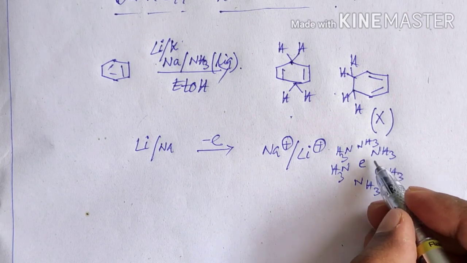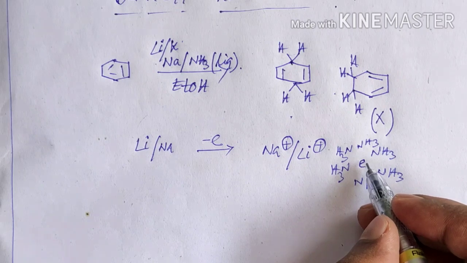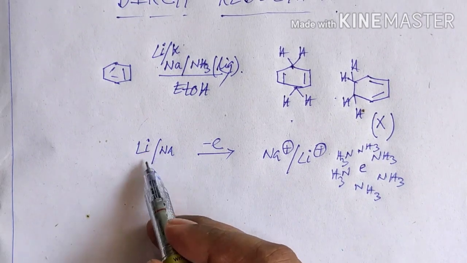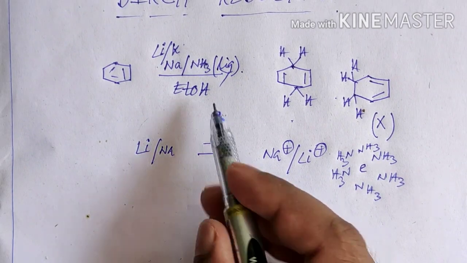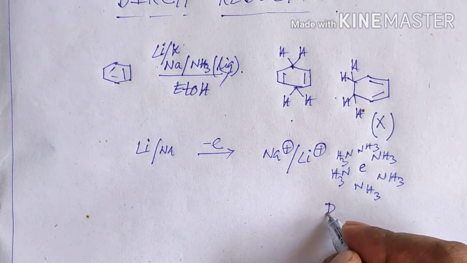This free electron fits in the cavity created by the solvent ammonia molecules and travels within the reaction medium. When this alkali metal is dissolved in liquid ammonia, the solution becomes deep blue in color.